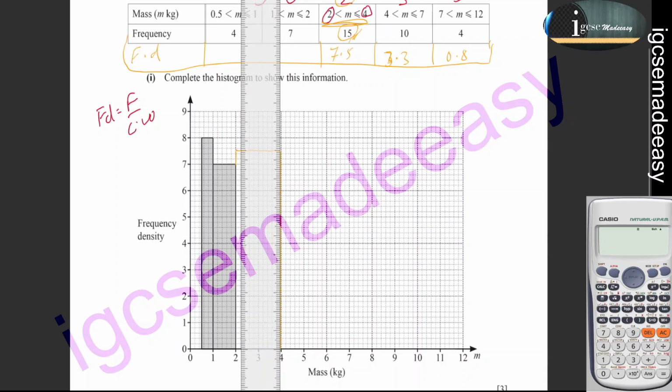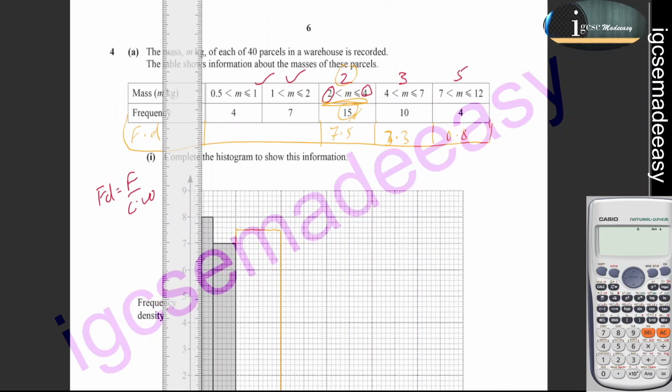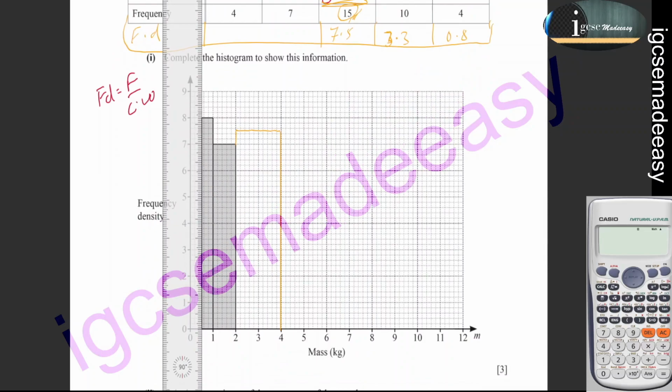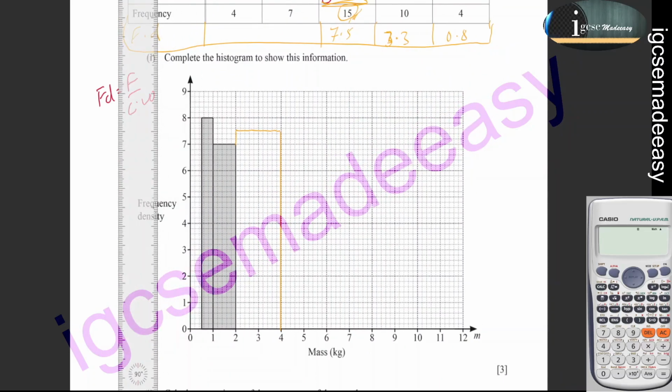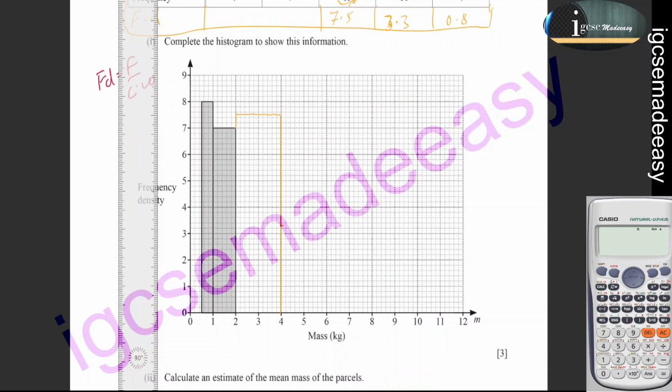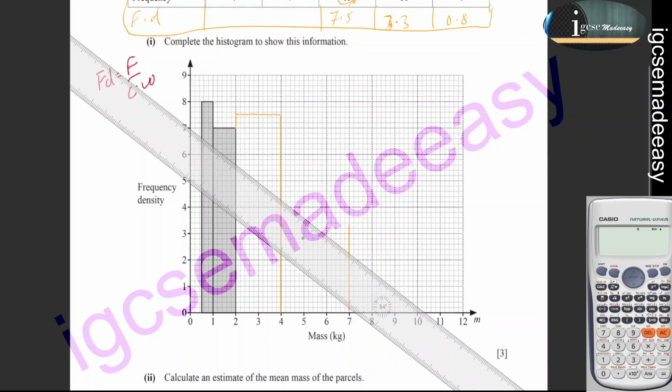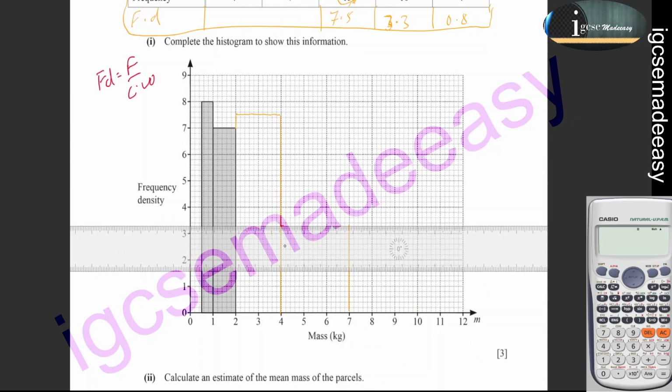That's 2 to 4, and the second point is 4 to 7, where the frequency density is 3.3. So 3 is here, and 3.3 is somewhere here. So 4 to 7 is somewhere here. I can take it as this one. So this is the graph that we have to draw like this.